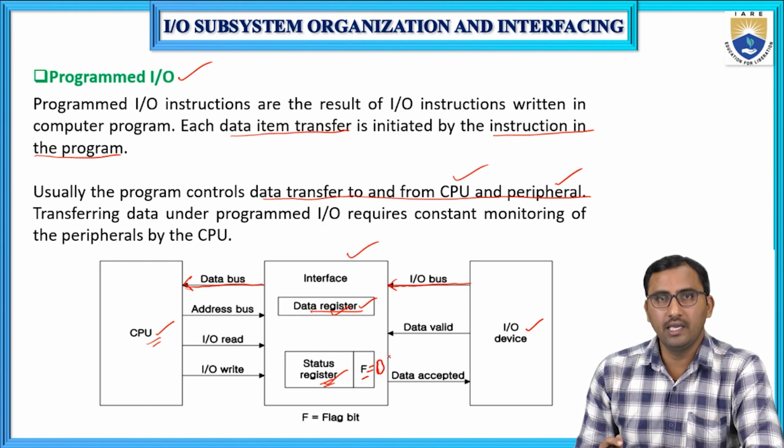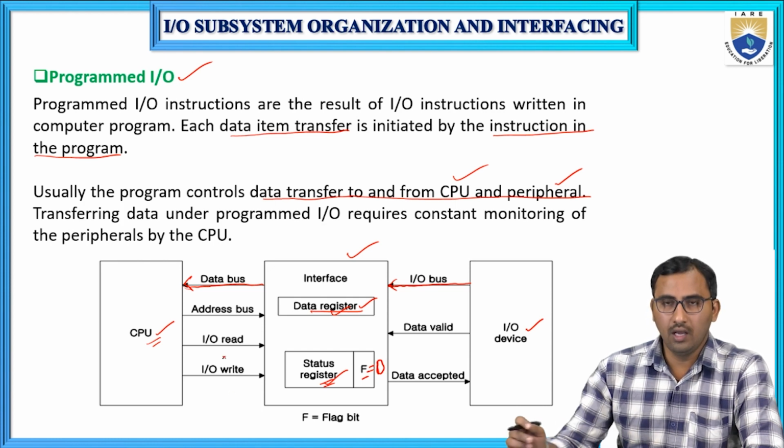So that means in this programmed I/O data transfer, the CPU has to spend more time on checking the status register, that is the flag F. So a considerable amount of the CPU's time will be wasted here. That is a drawback with this programmed I/O data transfer.